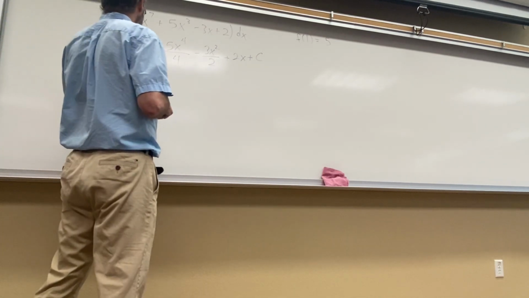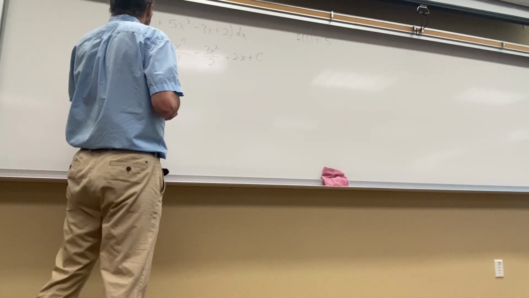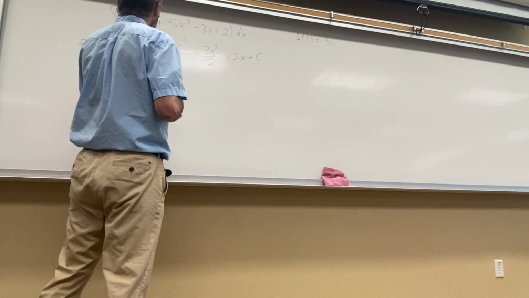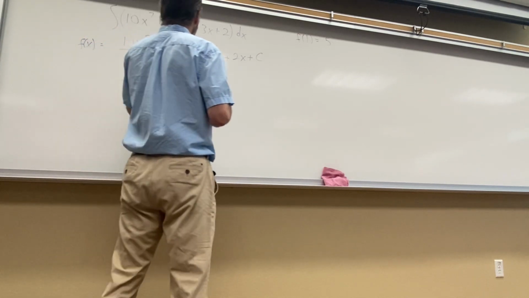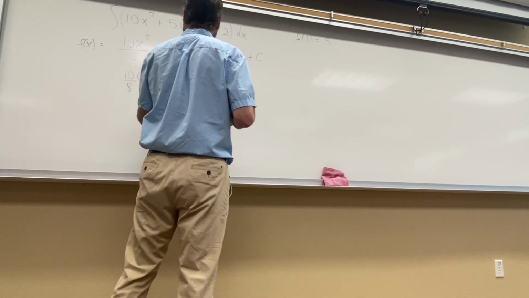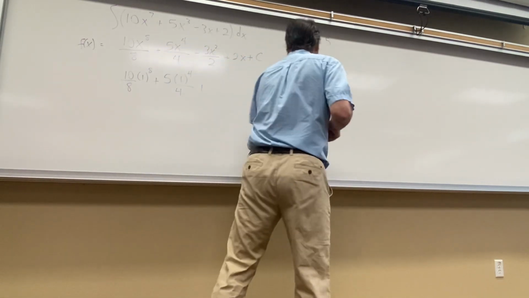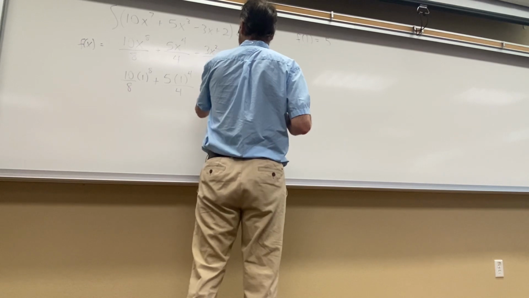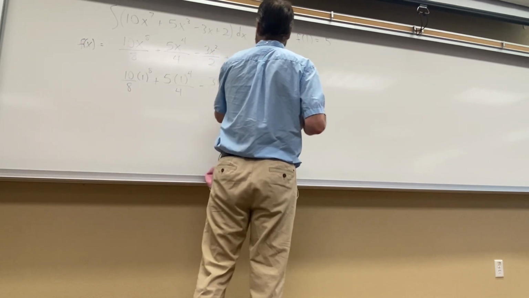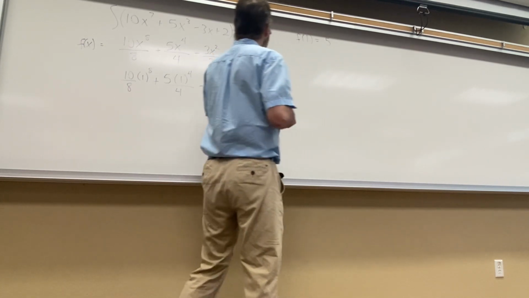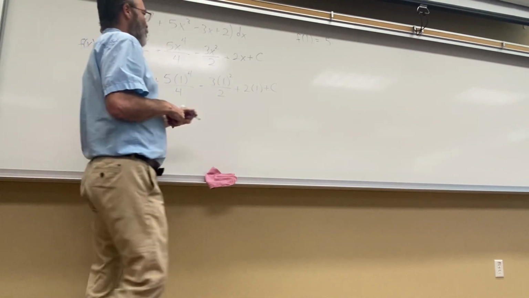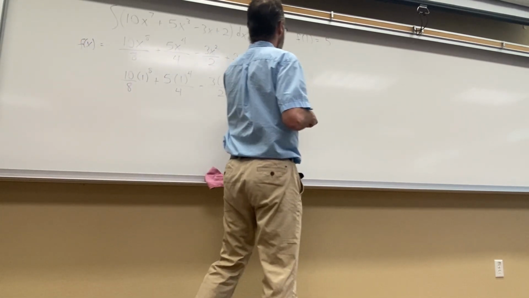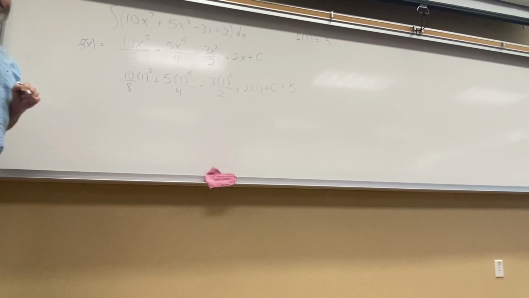So this is going to be 10 over 8 times 1 to the 8th, 5 times 1 to the 4th over 4, minus 3 times 1 squared over 2, plus 2 times 1, plus c, and we know that this needs to equal 5. And now from here we can figure out what c is. So are we okay with that?